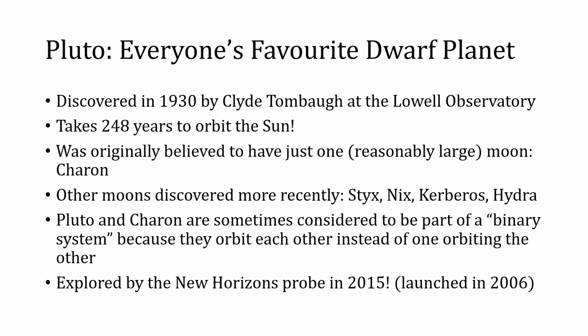And it was originally believed to have just one moon, which was a reasonably large moon given the size of the planet. It's a really small planet. And that moon is called Charon. But more recently, at least some of the moons were discovered after a space probe had been launched in the direction of Pluto to go and visit it and take some pictures.